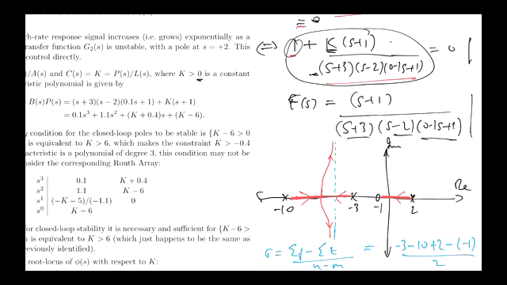Now, what else can we say from this? Well, we can say that for small values of k, we're going to end up with one closed loop pole that is unstable. Right? Because for small values of k, I'm going to get one of the zeros of this rational function over here in the right half plane. So in other words, to get stability, I need k to be sufficiently large. I've got to have large enough k to bring this closed loop pole into the left half plane.